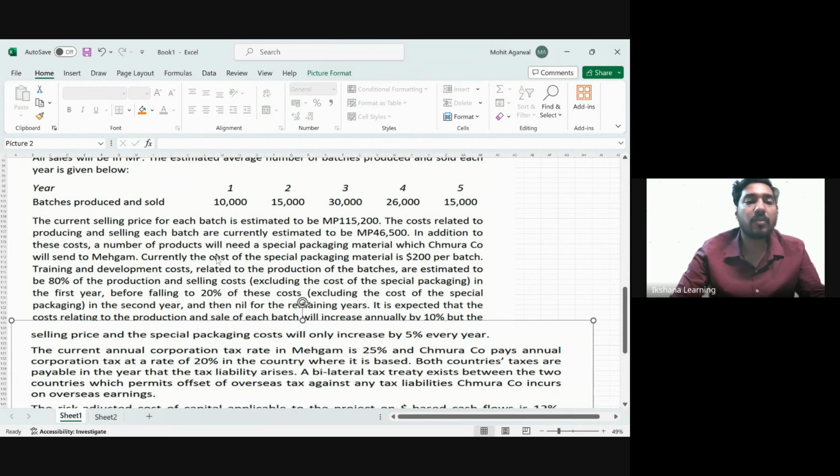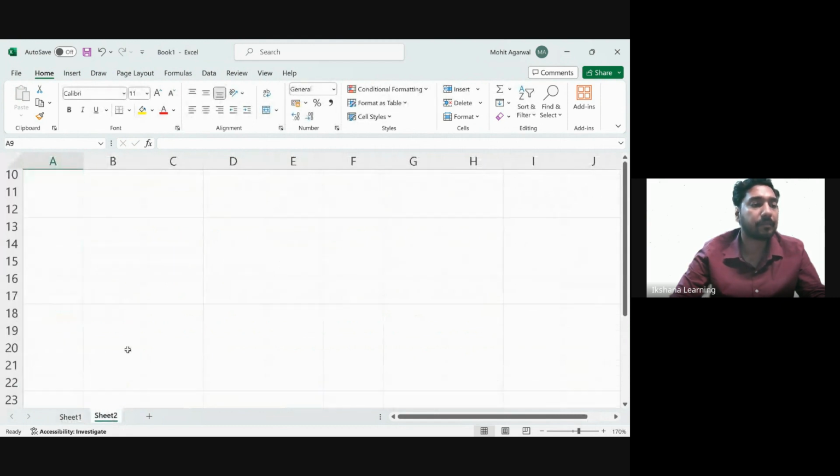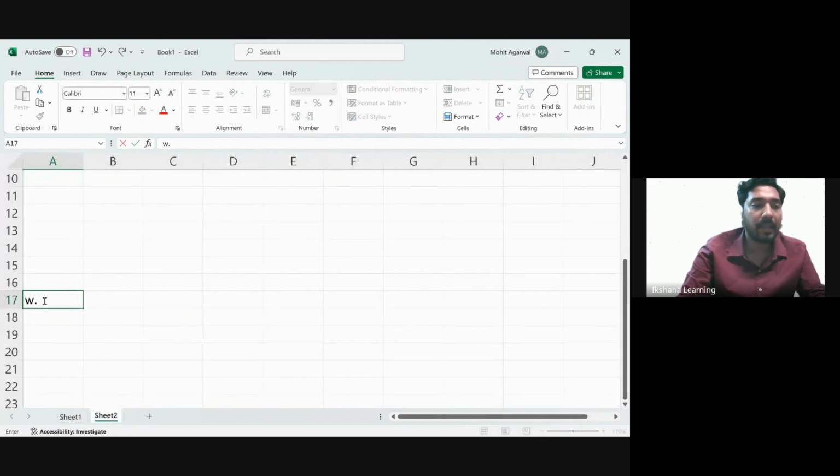Currently, the cost of special packaging material is 200 per batch. And they have given us that special packaging is also increasing at the rate of 5%. But for this special packaging, they have given us $200. So it's better we calculate exchange rates first. Let's make a working note. Calculation of exchange rates, right?